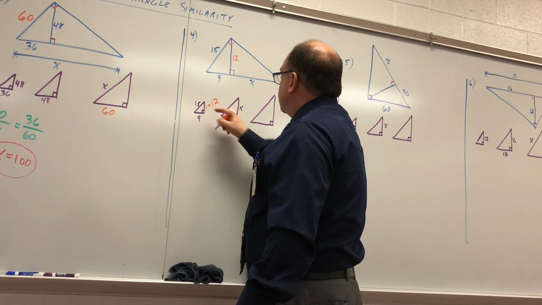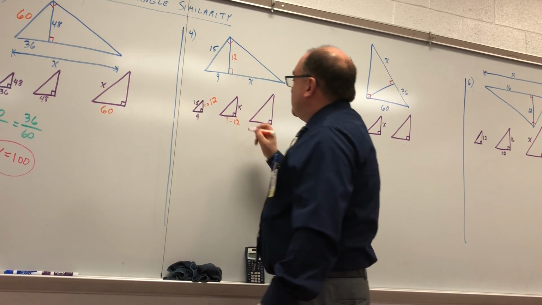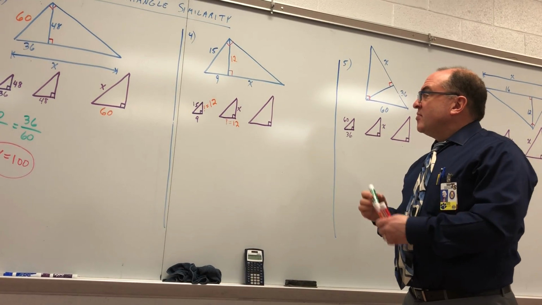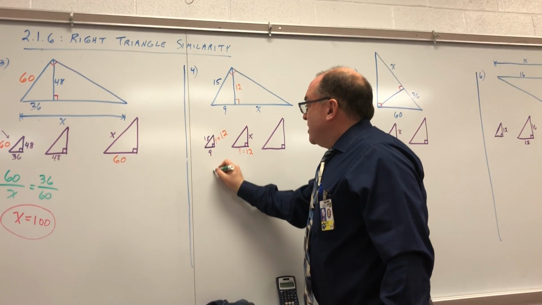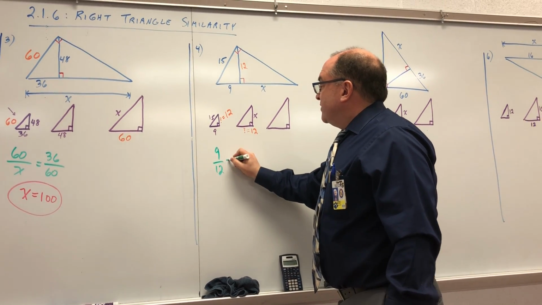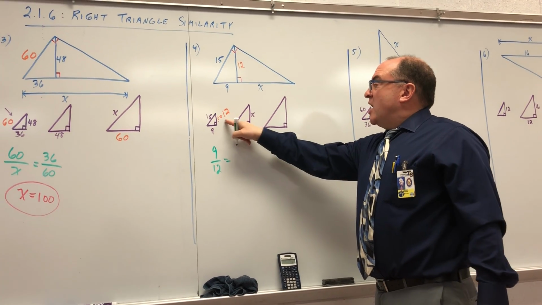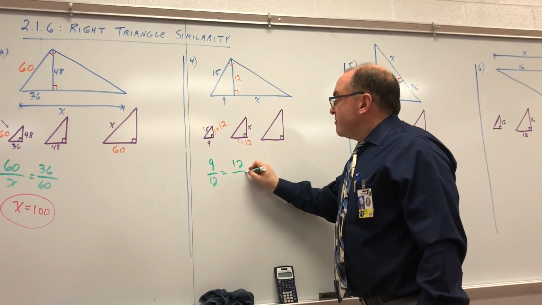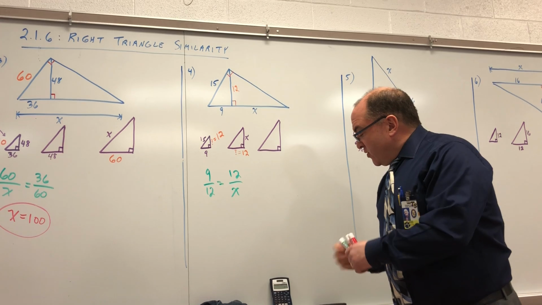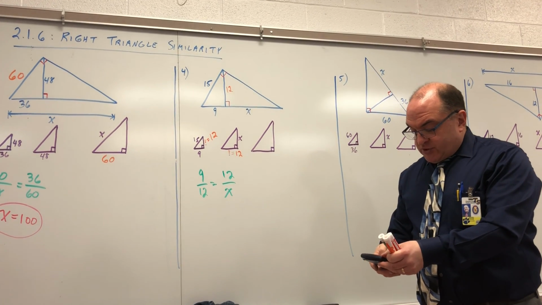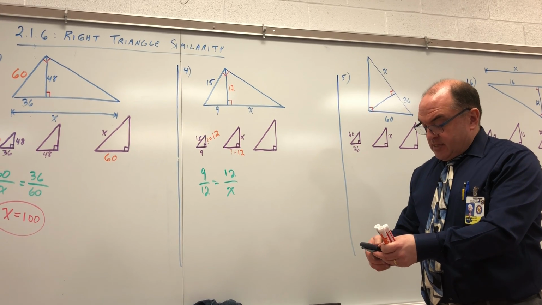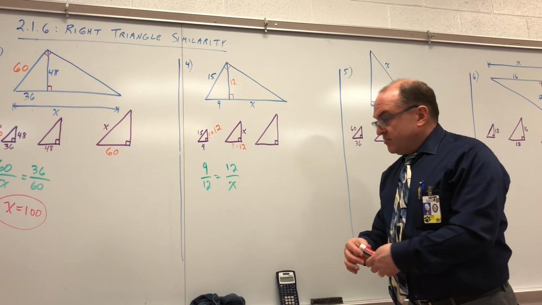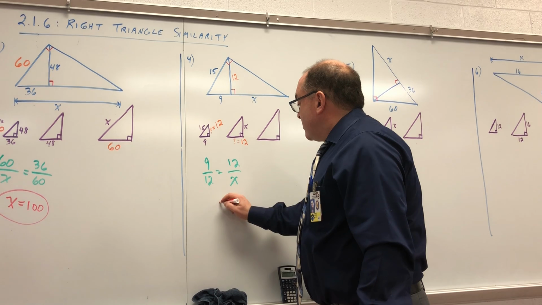If this is 12, this is also 12. Sorry. I'm going to do 9 over 12. 9 over 12 equals 12 over x, right? So now we're going to do 12 times 12 divided by 9. That gives you 16.